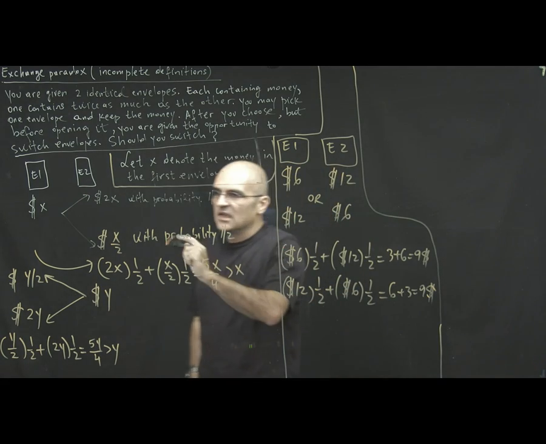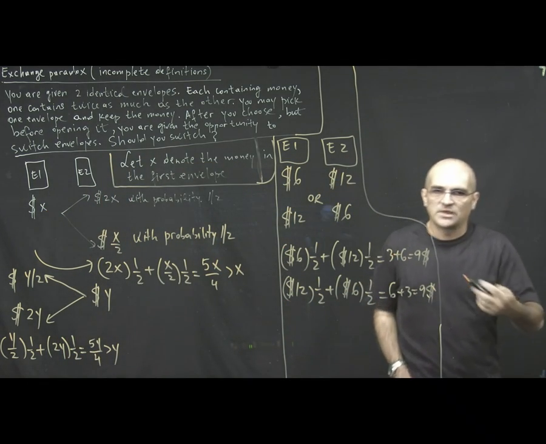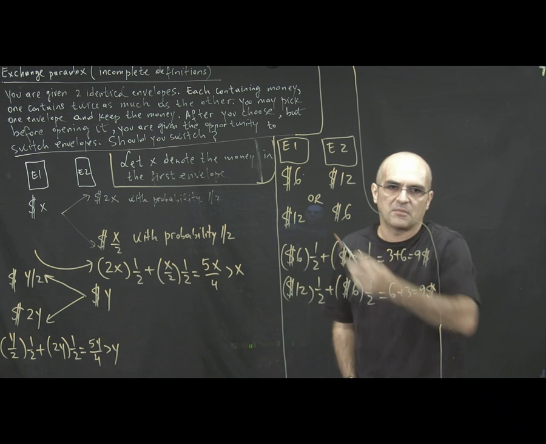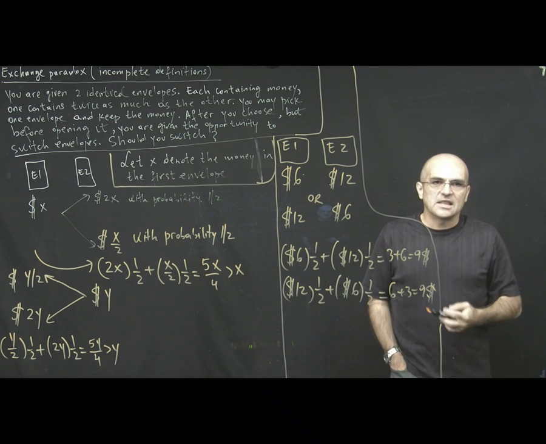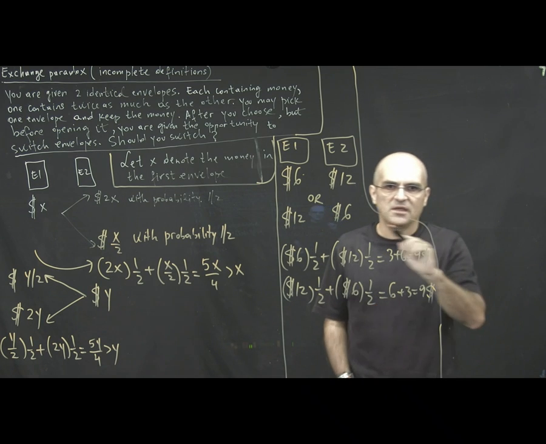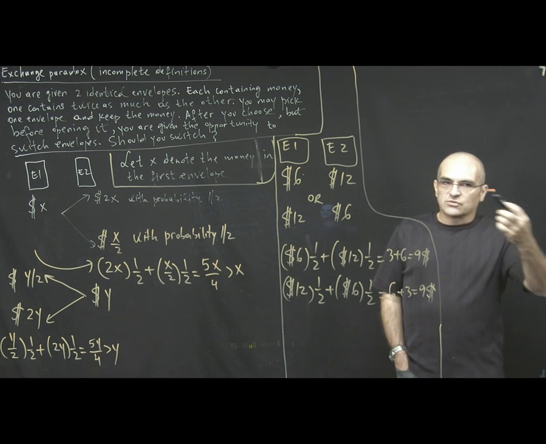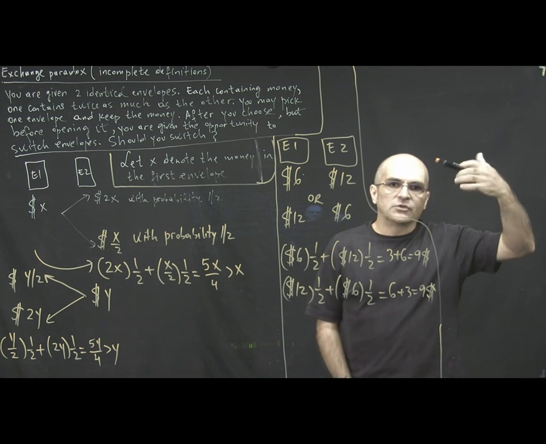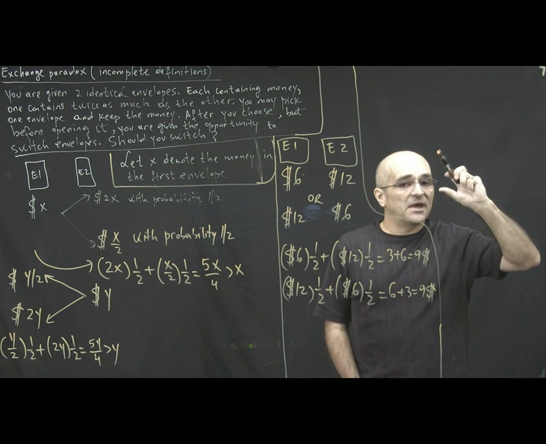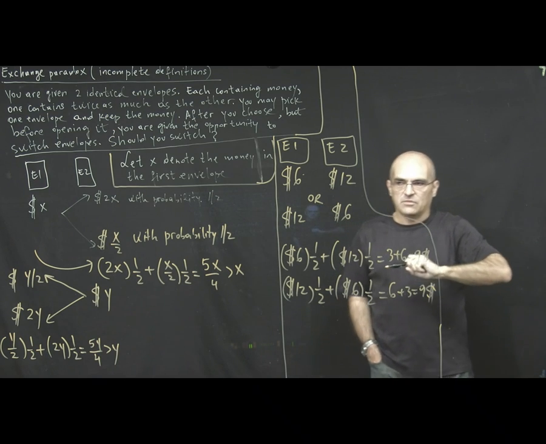In other words, if I choose x to denote the first envelope, I must specify whether it represents the lower or the higher amount. It is not correct to just say let x be the money in the first envelope, because if you use x to denote the possible outcomes in the second envelope, you have to make up your mind whether it represents the larger or the lower amount.